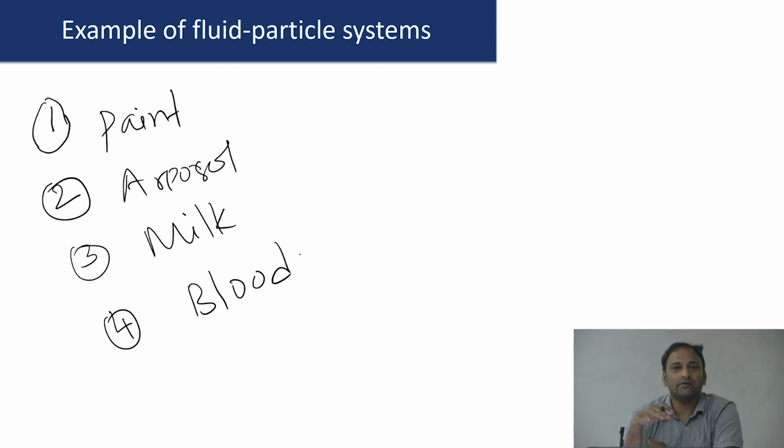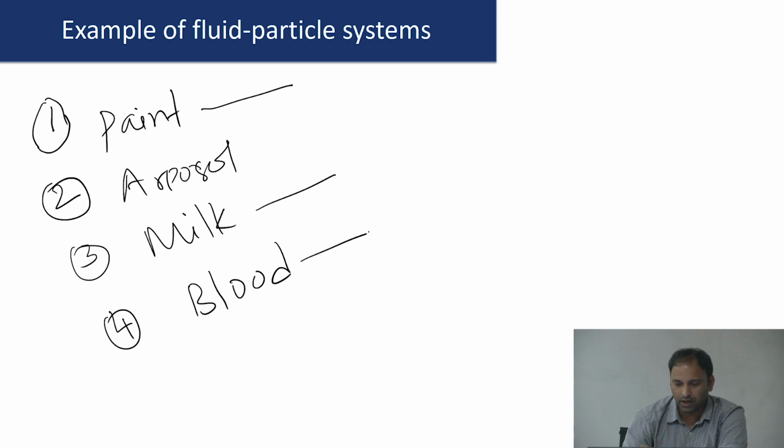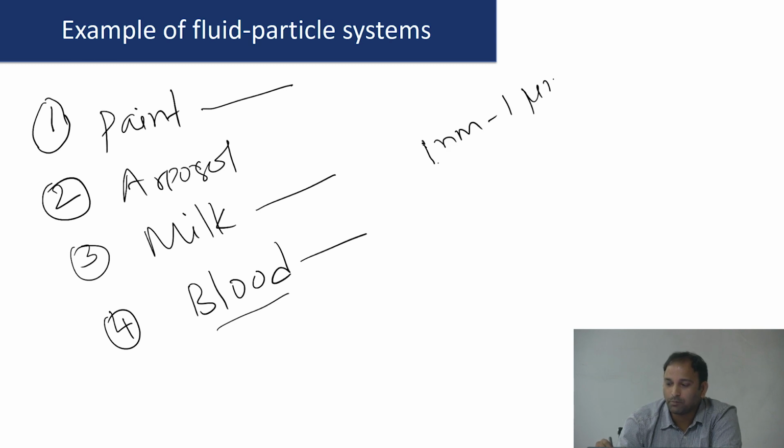So I can really think of a lot of examples where particles coexist along with the fluid, right? What is common between paint, milk and blood? What is that? Okay, I don't know if you can really call blood a colloid, because the typical definition of colloids is that you should have a particle size ranging from 1 nanometer to about 1 micrometer.